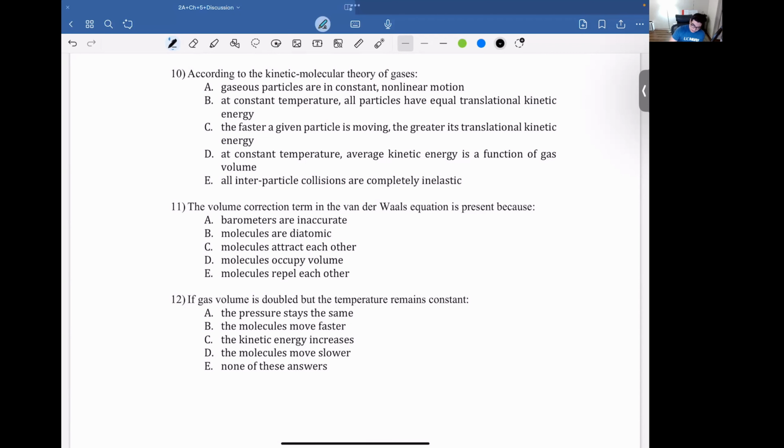You can think of it as kind of like a Gaussian or a bell curve, where this is kinetic energy, this is number of particles, and something like that, where most particles are here, but not all.